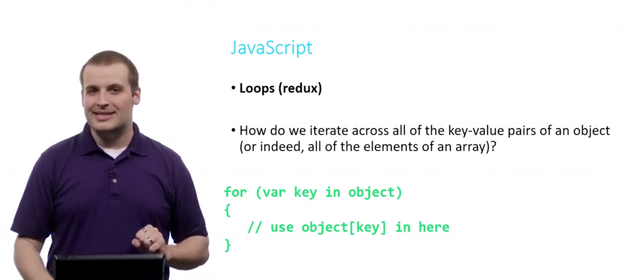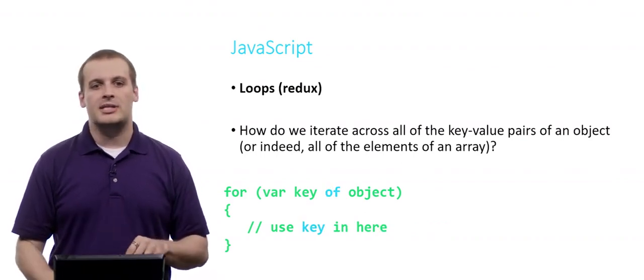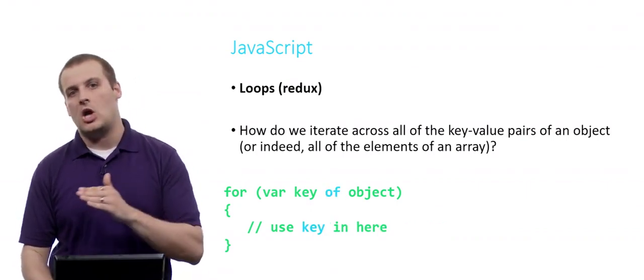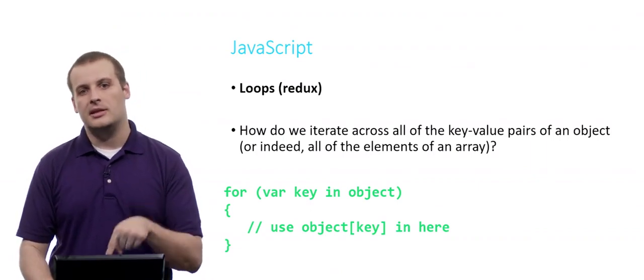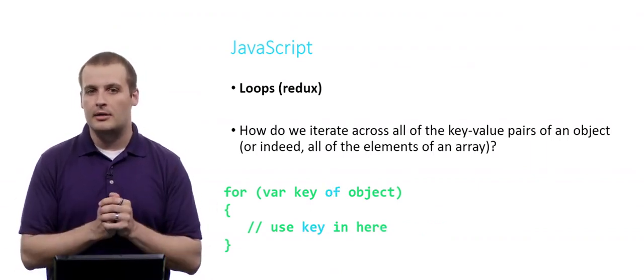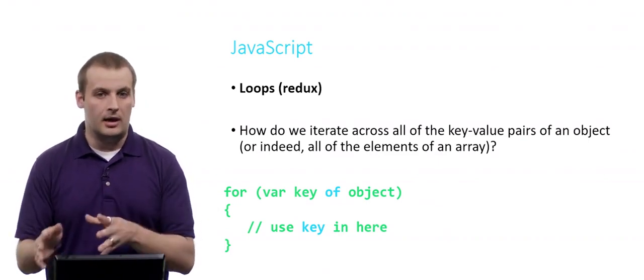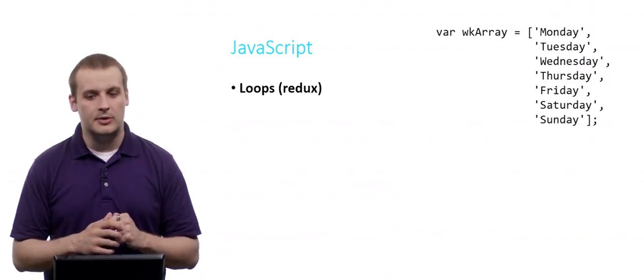We also have a slightly different variation, for var key of object, which instead of having to use object square bracket key, we can now refer to iterating across all of the values, as opposed to this, which iterates across all of the keys. This would iterate across all of the values. So we can cover both sides of a key value pair using for var key in or for var key of.